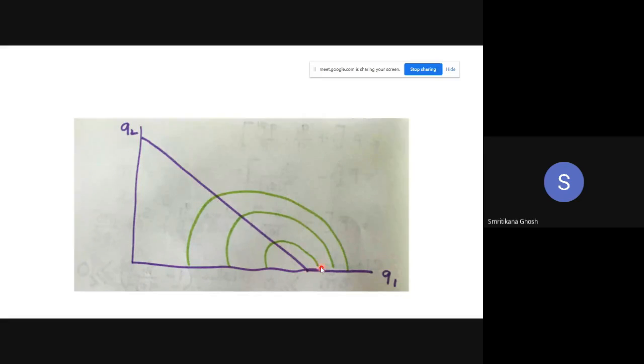That means the profit level along this curve is greater than the profit level along this curve, which is greater than the profit level along this curve. So the closer the curve to the axis, the higher the level of profit.